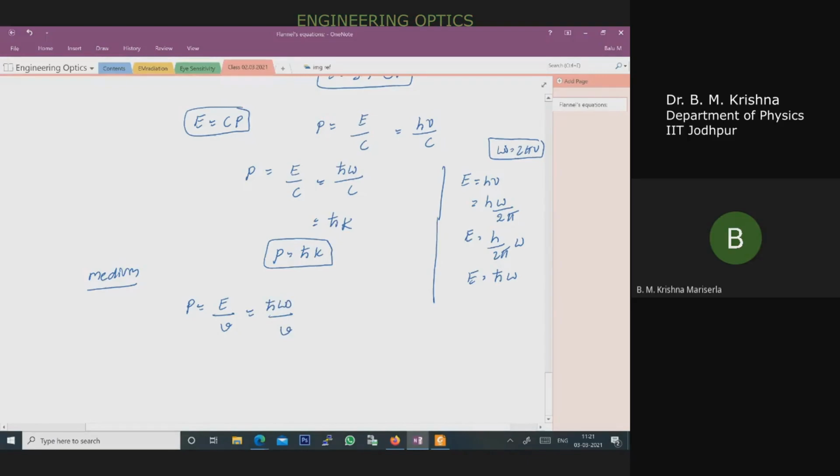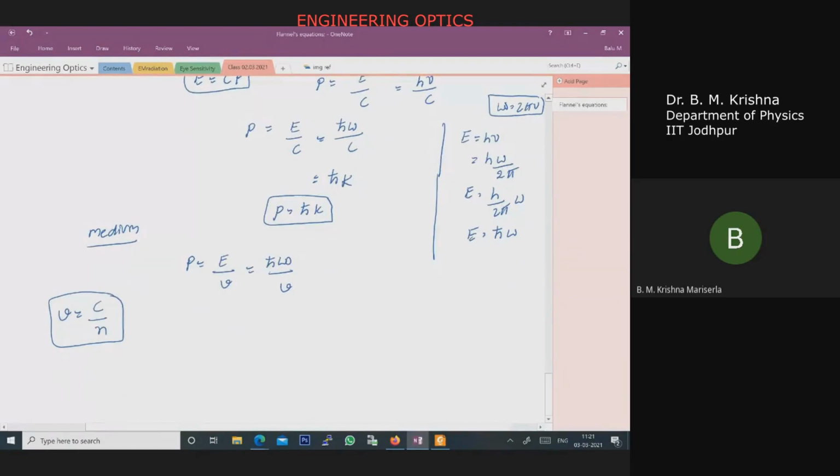V is the velocity of the wave in a medium. The propagation velocity will be c by its refractive index. If the material has a higher refractive index, the velocity will be lower, because 1 over a higher value becomes a lower value.